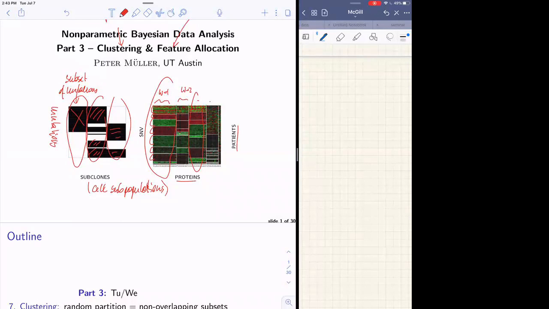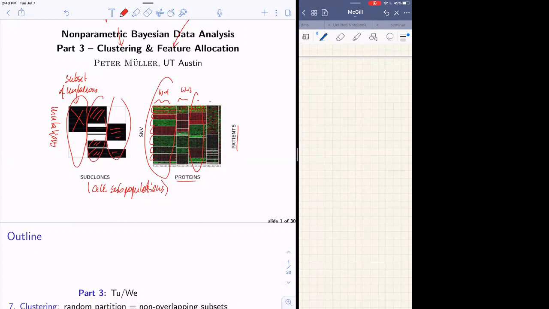A partition, there's awfully many partitions of patients, but only finitely many. Like if you give me 173 patients, there's a finite number of cluster arrangements that I can build. It's awfully many, but it's finitely many. So you could say, strictly speaking, that's not nonparametric Bayes. And I would agree with that. But you already know too much.